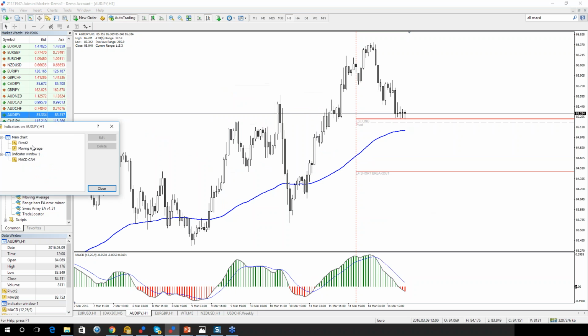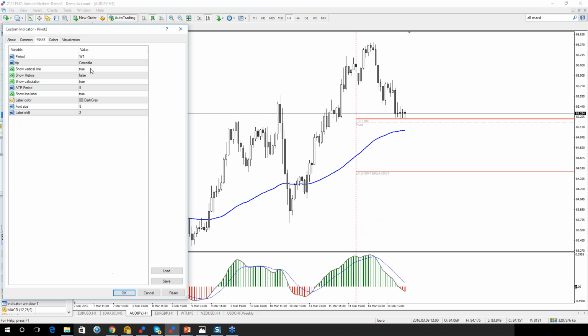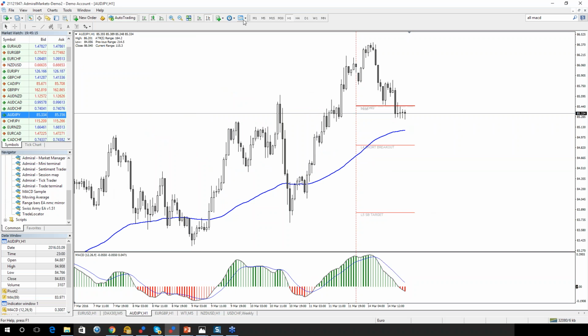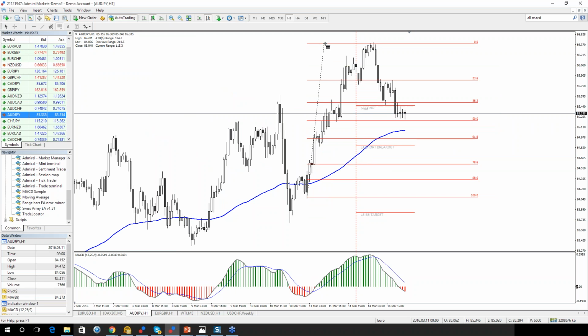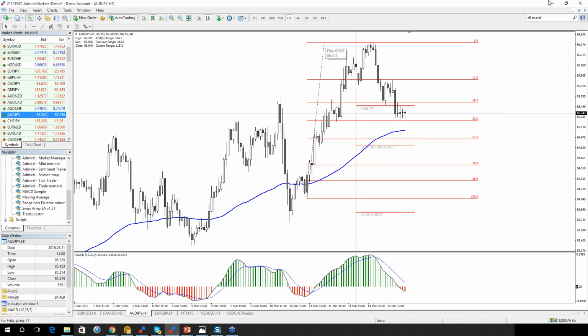And from intraday perspective, I would also go for this level here.